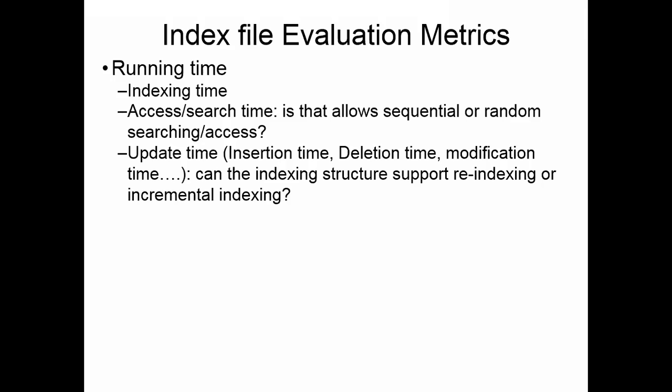We need searching to be as fast as possible in identifying relevant documents. For that purpose, we need a good index file that runs faster during indexing, during searching, and even during updating.